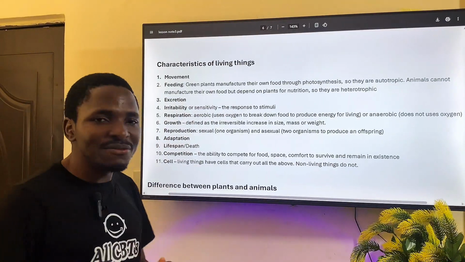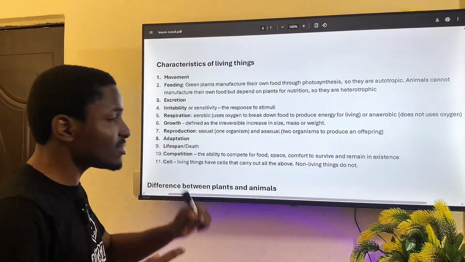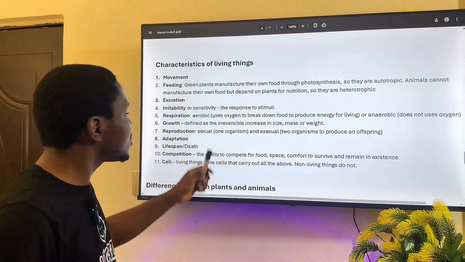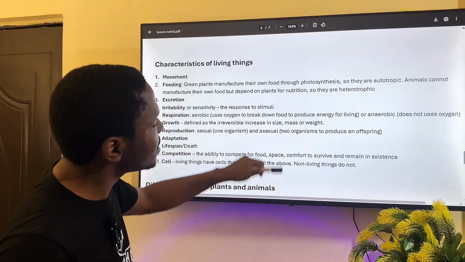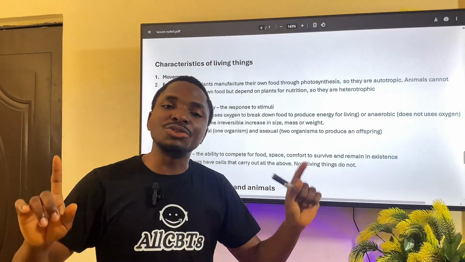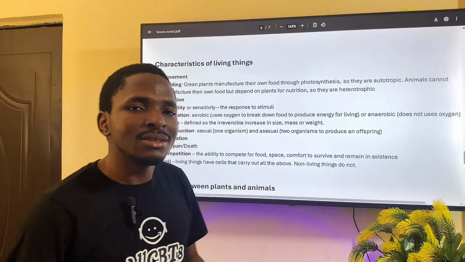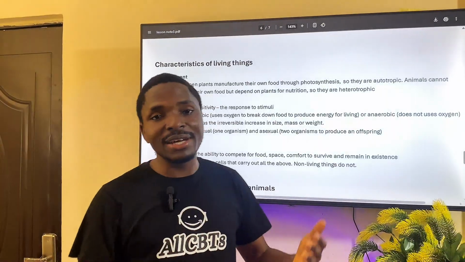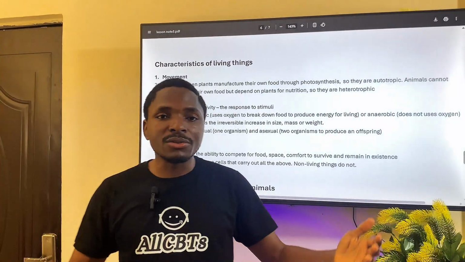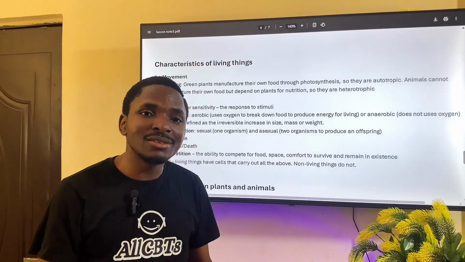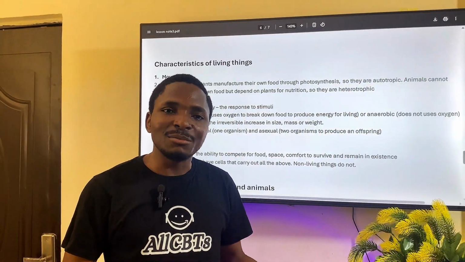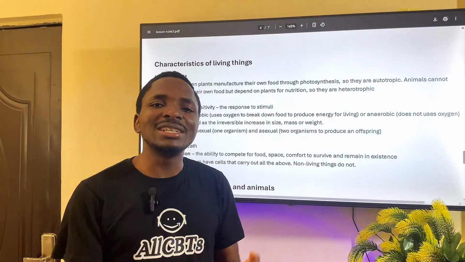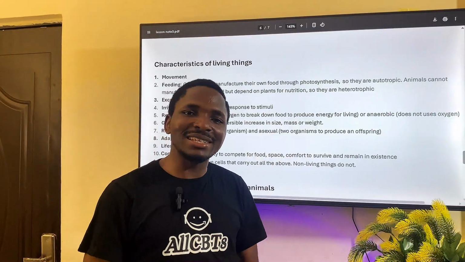Another interesting feature of living things is competition. All living things compete for food, space, and comfort in order to remain in existence. You must have seen on your street sometimes, especially those who live in rural areas, 2 cockerels fighting for space. They are fighting because they are only showing the characteristics of living things.